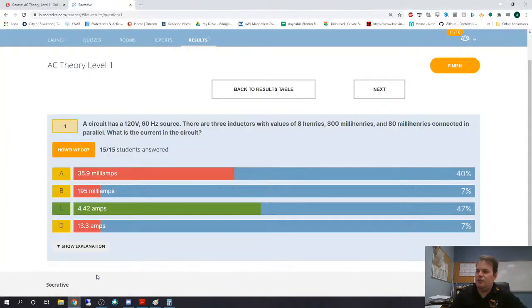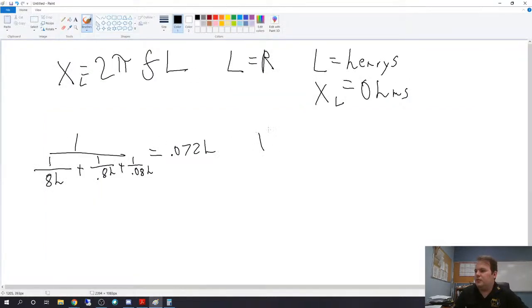So now we need to plug it into this X of L equals 2 pi F L. What is F? What is our frequency? 60 hertz. So X of L equals 2 pi times 60 times 0.072. That's henries.